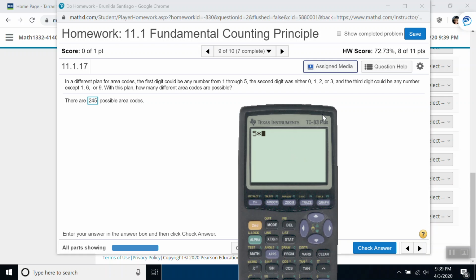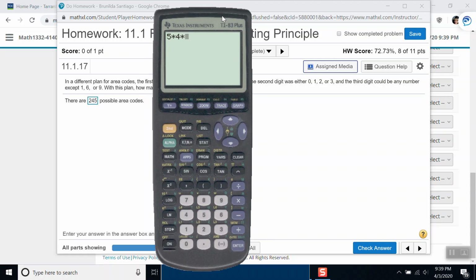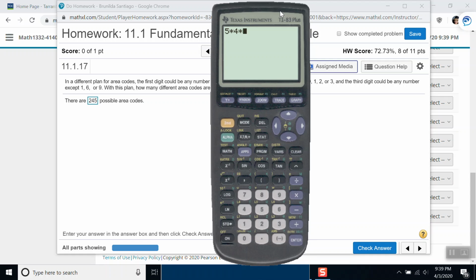So there are 4 choices for that one, times 4. And the third digit could be any number except 1, 6, or 9. So that means it can be a 0, a 2, a 3, a 4, a 5, a 7, or an 8. So that's times 7.